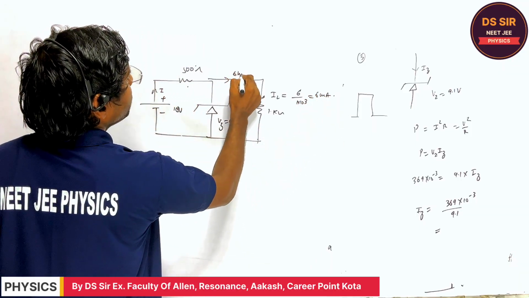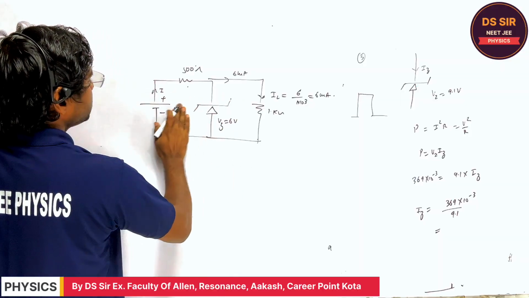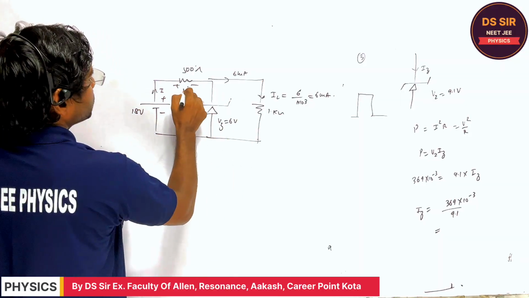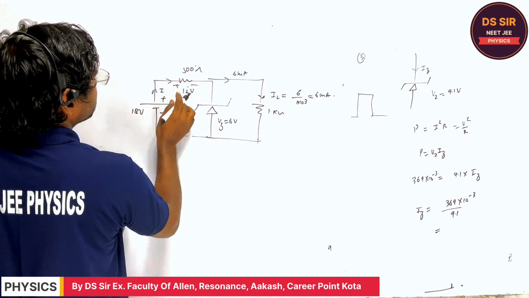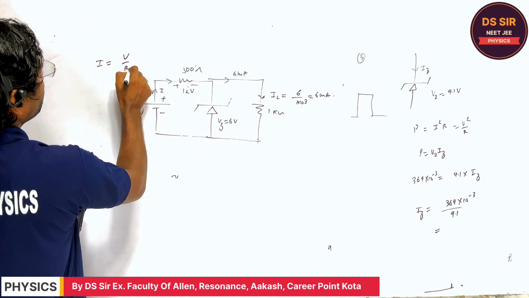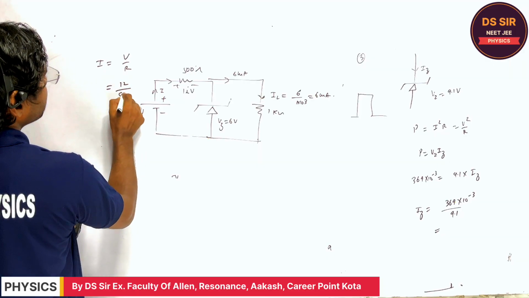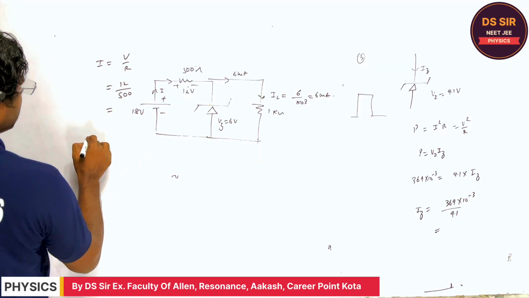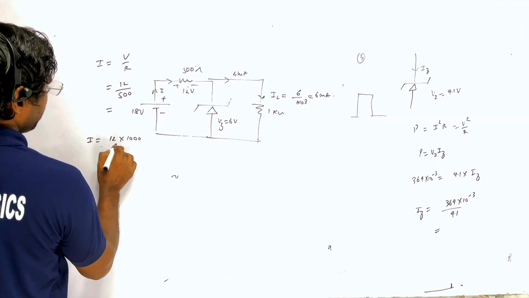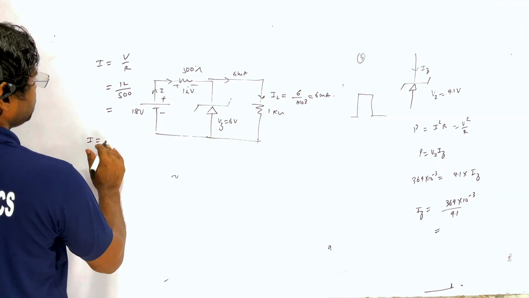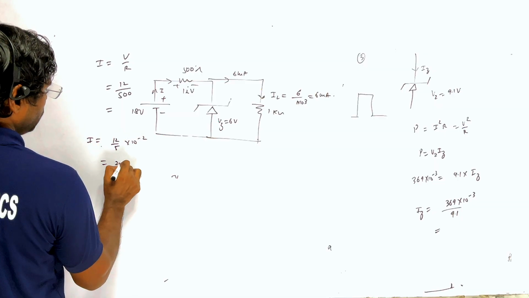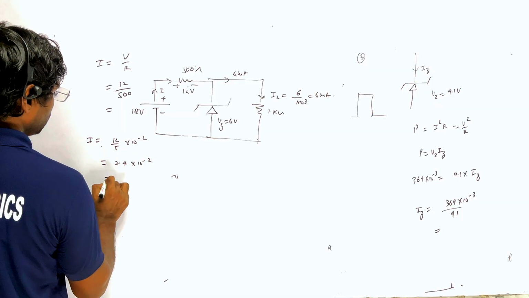If this is 6 milliampere, this is the 6 volt, this is the 18 volt. What is the potential difference across this? Say 12 volt. So if you want to find this current, I is equal to what? V upon R. V is 12, R is 500, right? So I is 12 upon 500, which is 12 upon 5 into 10 to the power minus 2, 2.4 into 10 to the power minus 2.